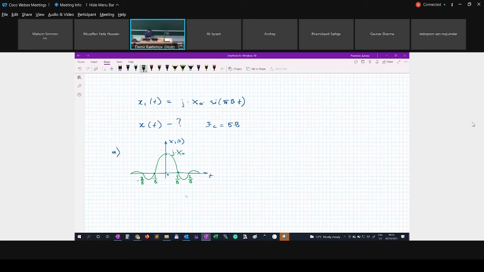Okay, then after transformation, what should we get in the frequency domain? How will the corresponding spectrum look like? It's a rectangular function. Yeah, it will be a pure rectangular function. And what's the range of this rectangular function?